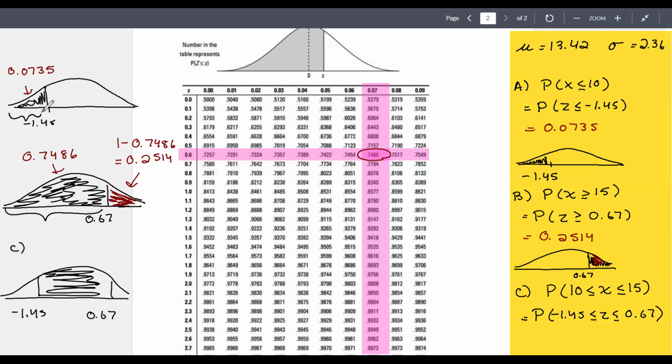So I know the area to the left of 0.67. I know the area to the left of negative 1.45. So it's just these areas to the left that I need, because this one we're going to subtract from this one. So what that leaves me with here is that this area is going to be the difference of 0.7486 minus 0.0735.